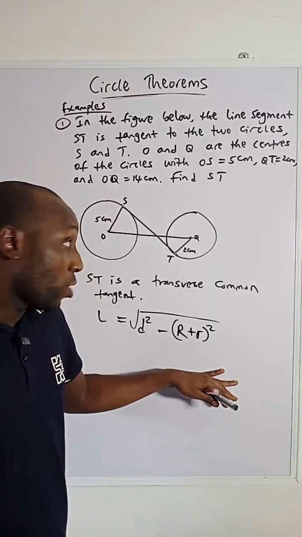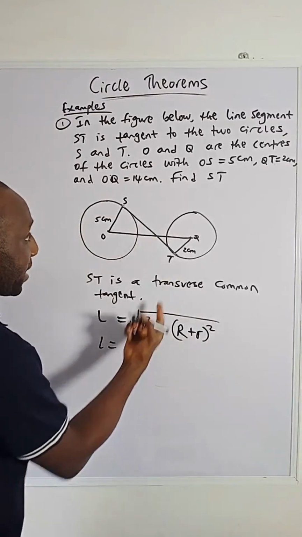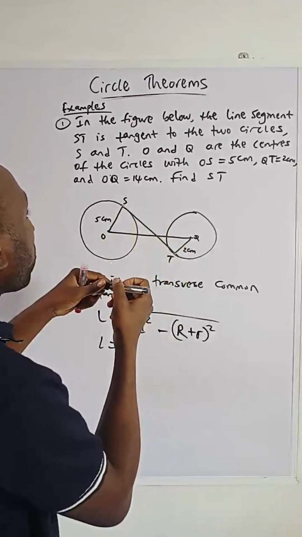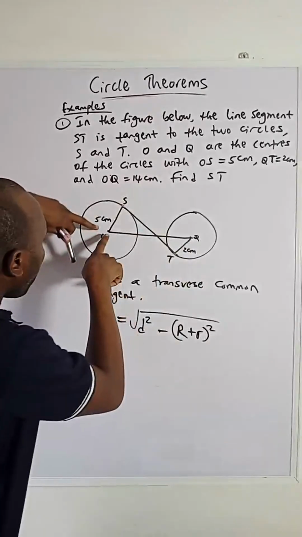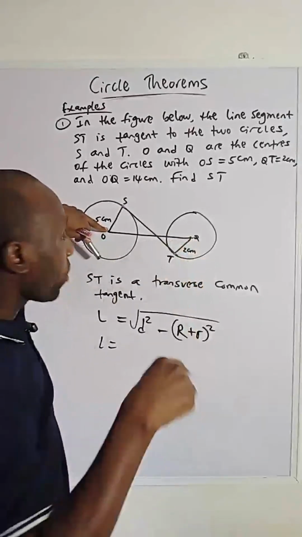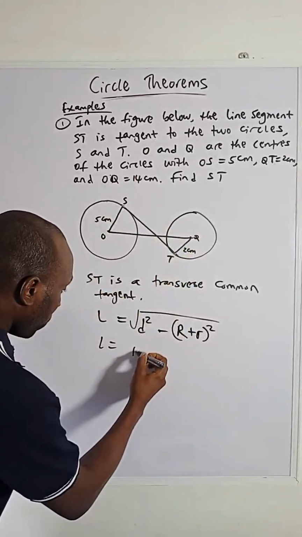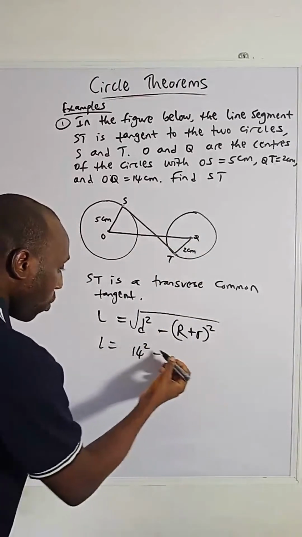Like I said, there are other ways you can do this. So L will be equal to, D here is from O to Q. We're told in the question, OQ is 14 centimeters, from O, the center of the bigger circle, to Q, which is the center of the smaller circle. So D will be 14. But it is 14 squared because of the formula D squared, then minus what?